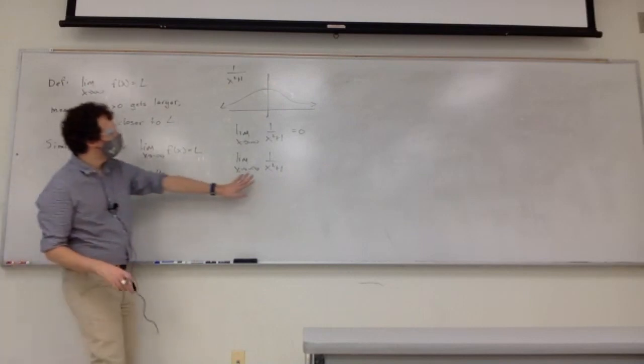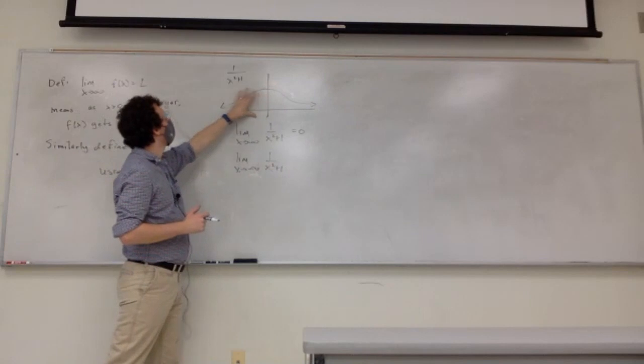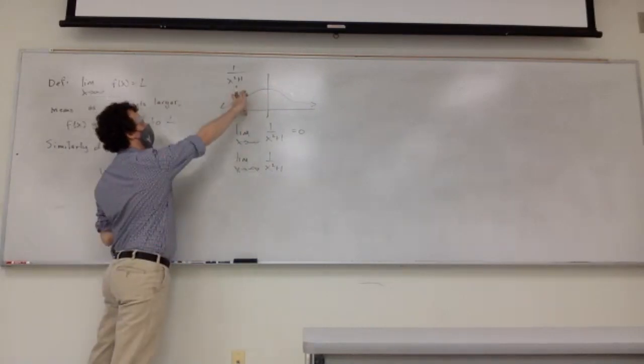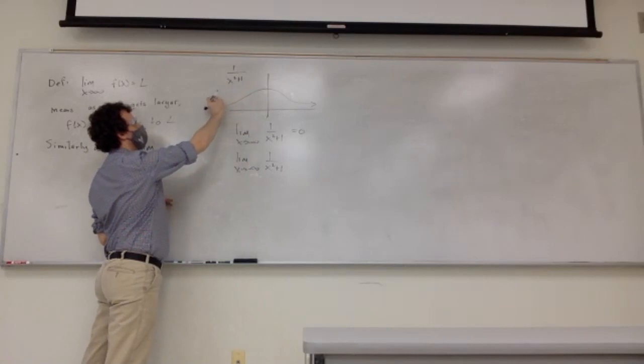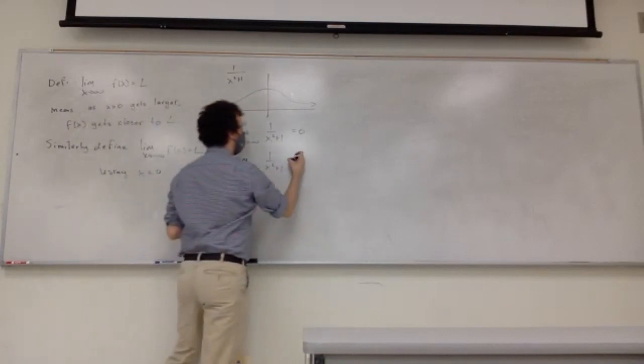The same thing with negative infinity, but in the opposite direction. Here we're saying go further and further out to the left, what happens to the graph. As you get further to the left, this is getting lower and lower, leveling off at the x-axis. So this is also 0.